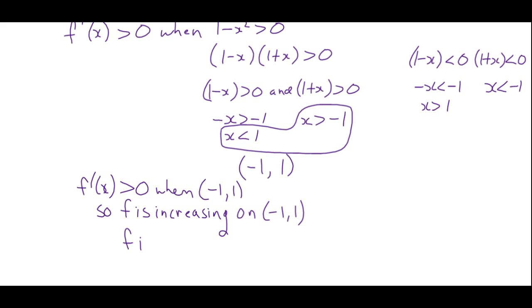And f will be decreasing on this interval, right? So we're increasing from -1 to 1. f is decreasing. That's f, the original function, right? So when we go to sketch it, I need to be going up when I'm going from -1 to 1. Otherwise I'm going down.